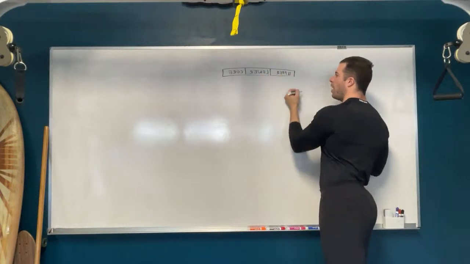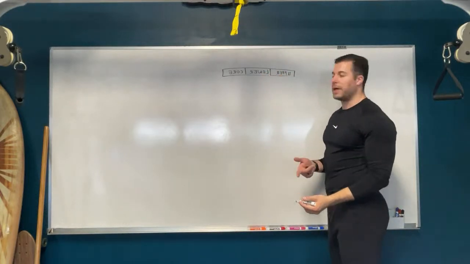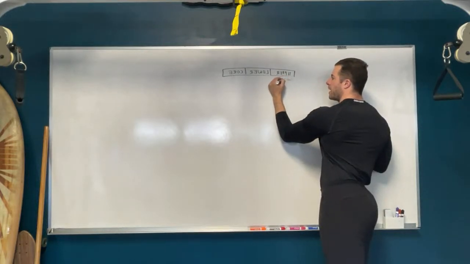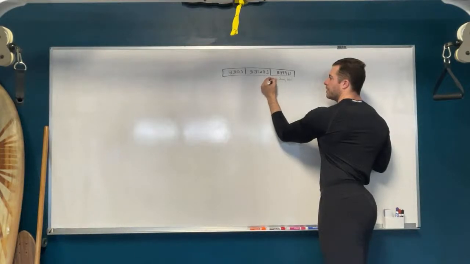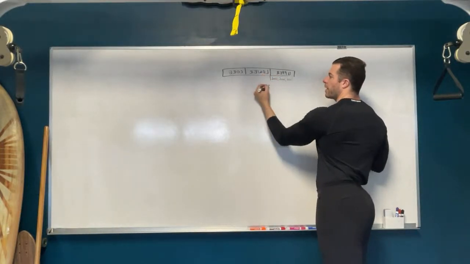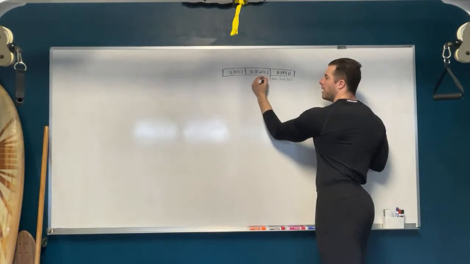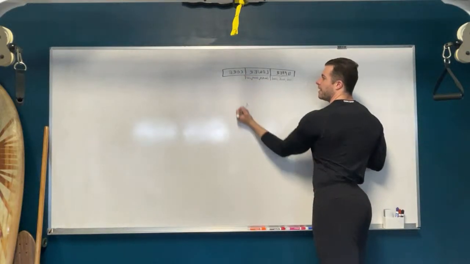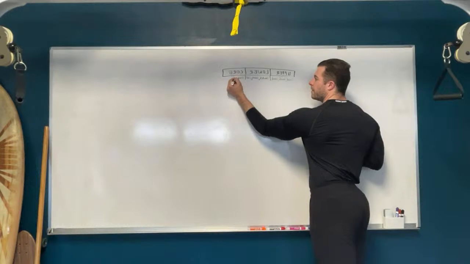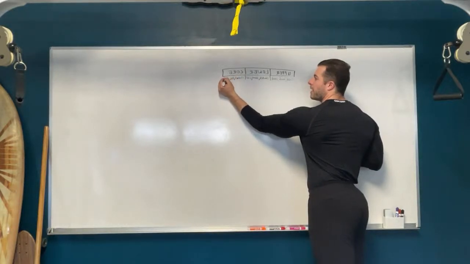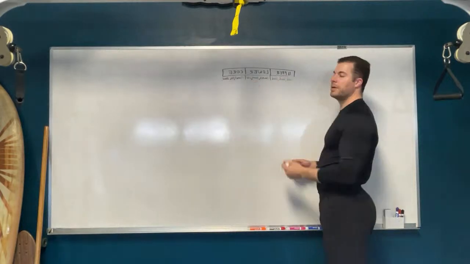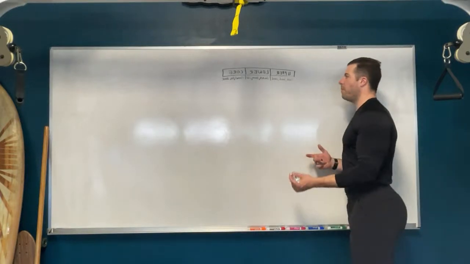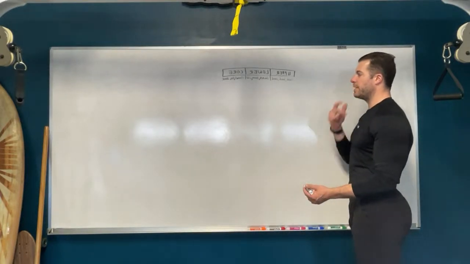Upper can be compartmentalized into chest, back, and shoulders. Lower can be quad, hamstring, and calf. And then the core is going to be front, side, and back. So each upper, lower, and core category would be our main categories of exercises.